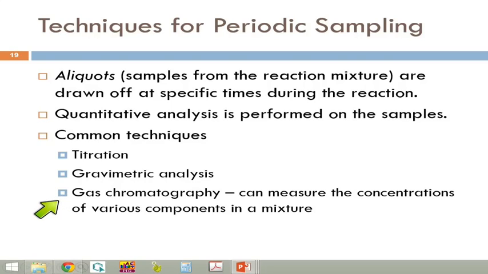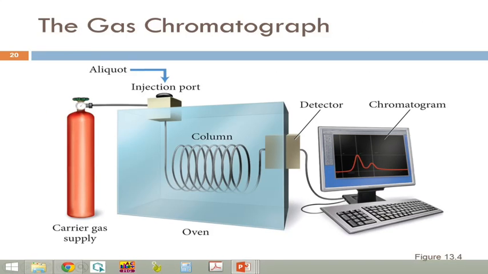Gas chromatography is awesome because you can measure concentrations of various components of a mixture. So you have a reaction mixture here. With a gas chromatograph, you might be able to measure the concentrations of both of the reactants and both of the products. So let's look real quick at how this goes. What we've got here is this injection port where you can put your aliquot in.